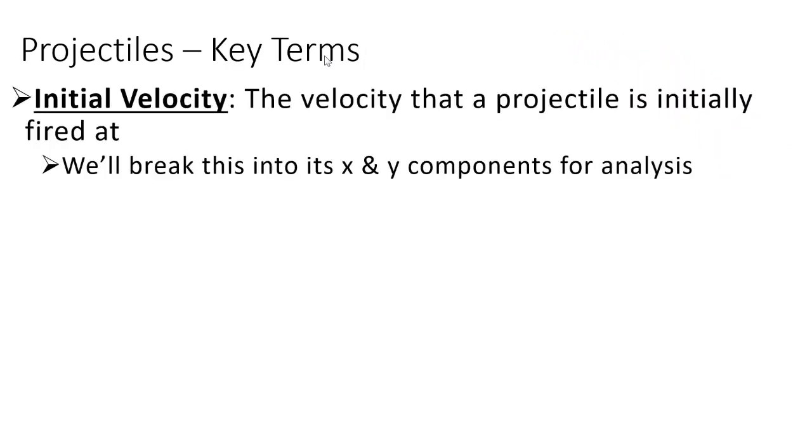Okay, so just some key terms. I'll go through these pretty quick. Initial velocity is just the velocity that a projectile is initially fired at. A key part of the vector analysis of projectiles is going to be breaking the initial velocity into its x and y components.